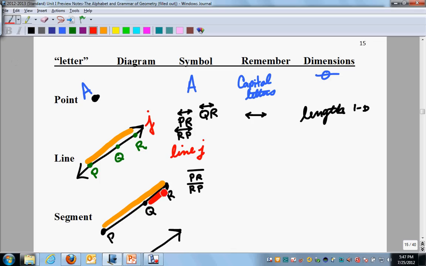For example, segment QR or RQ. Use capital letters. Or this piece would be segment QP or PQ, same thing. Notice no arrows now because it's pieces of a line. They have endpoints, so it ends with points. Like a line, it only has length, so it's also 1D.